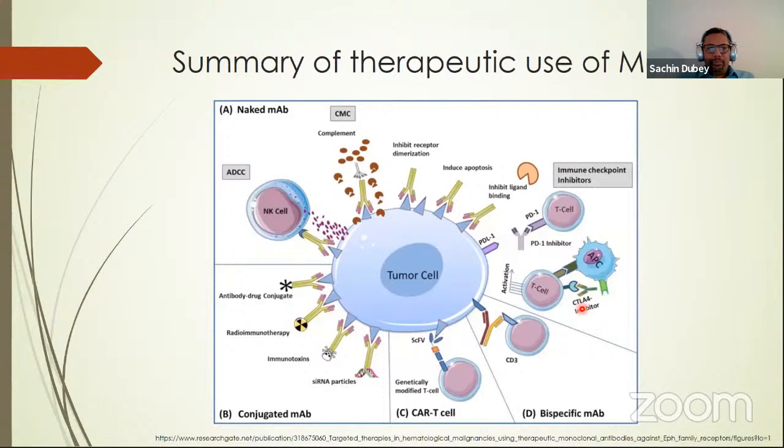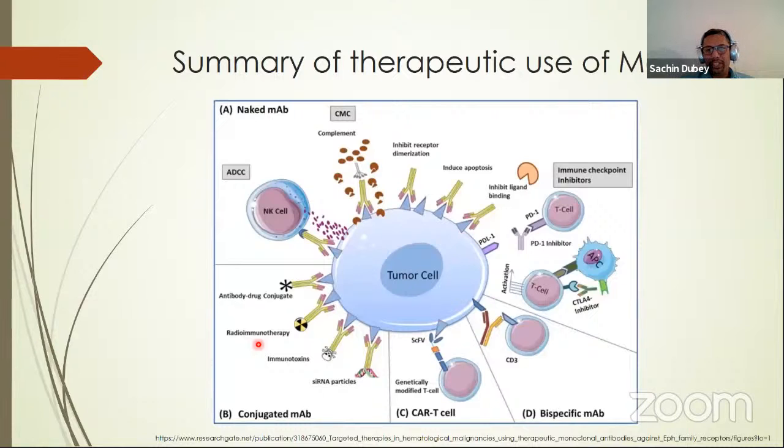This slide here, I'm just trying to summarize what are the different things a monoclonal antibody can do on tumor cells. So there are several different applications which are driven by standard mAb, just the plain mAb, I should say. Then there are functionalities related to conjugated mAbs, whether it's ADC or through radioimmunotherapy.